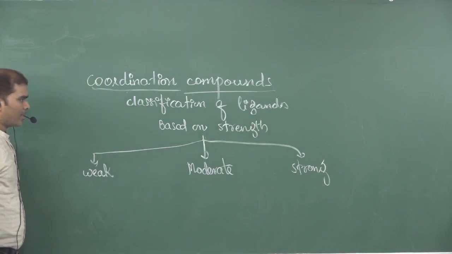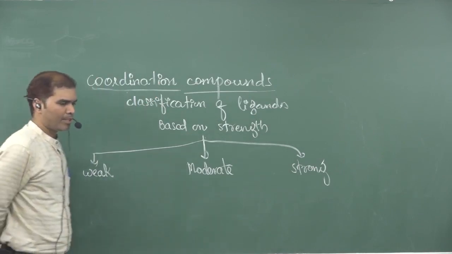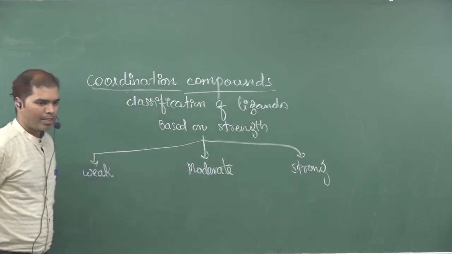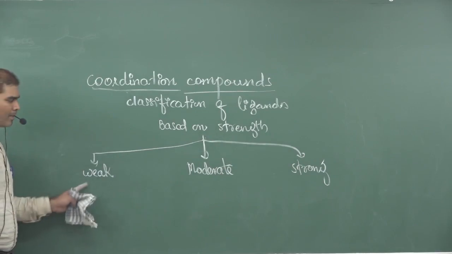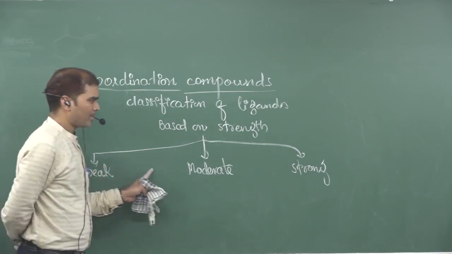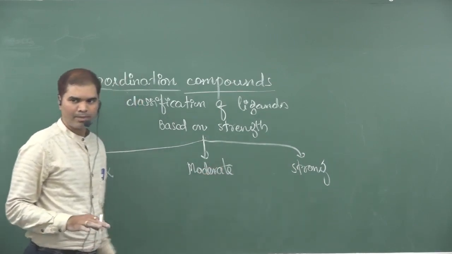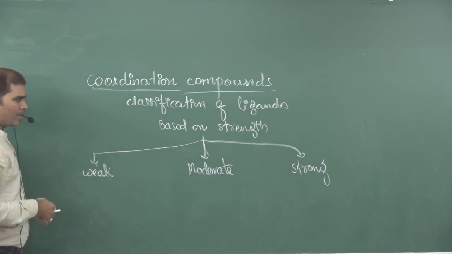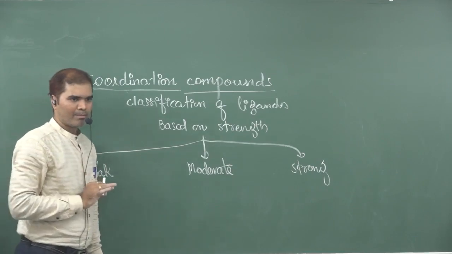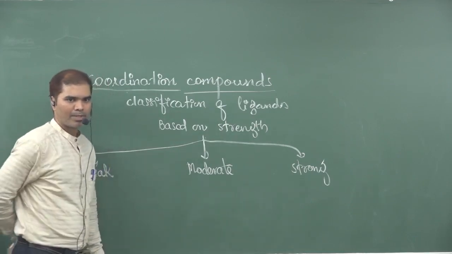So ligands can be classified into three different types based on strength. One could be a weak ligand, one a moderate ligand, one a strong ligand. I am not giving examples for every classification because there are plenty.